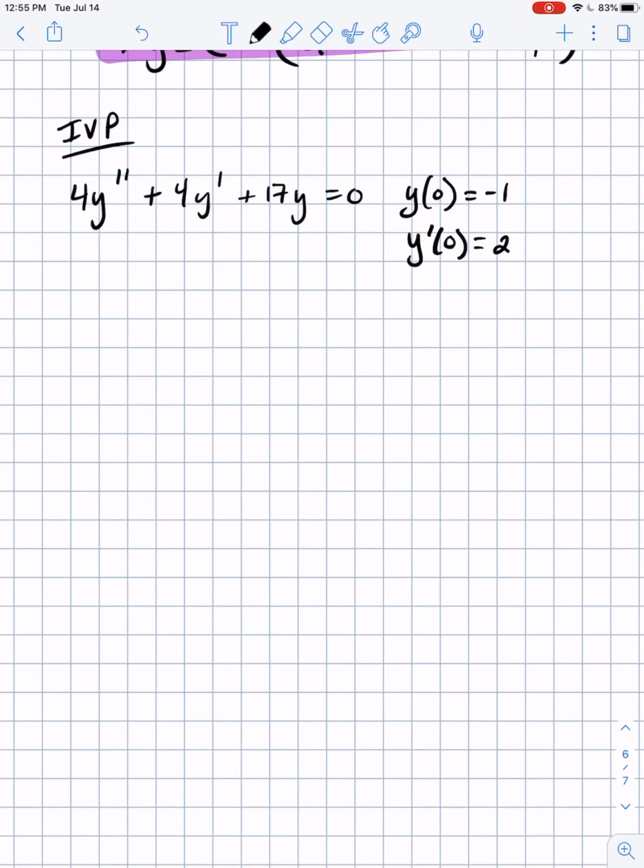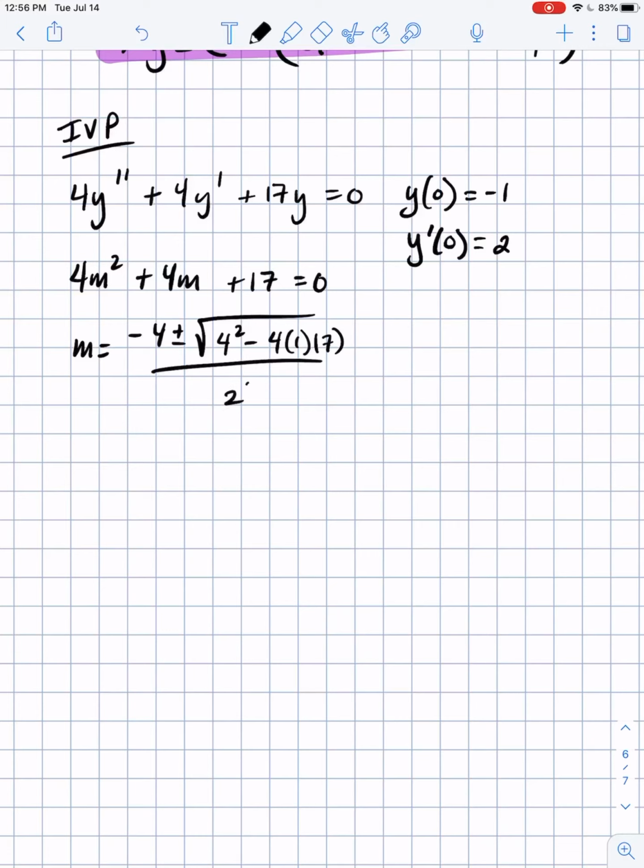So again, 4m squared plus 4m, I just skip plugging in the e to the mx. And here you can see this is not going to be factorable. So we get m equals -4 plus or minus the square root of 4 squared minus 4 times 1 times 17, over 2 times 4.